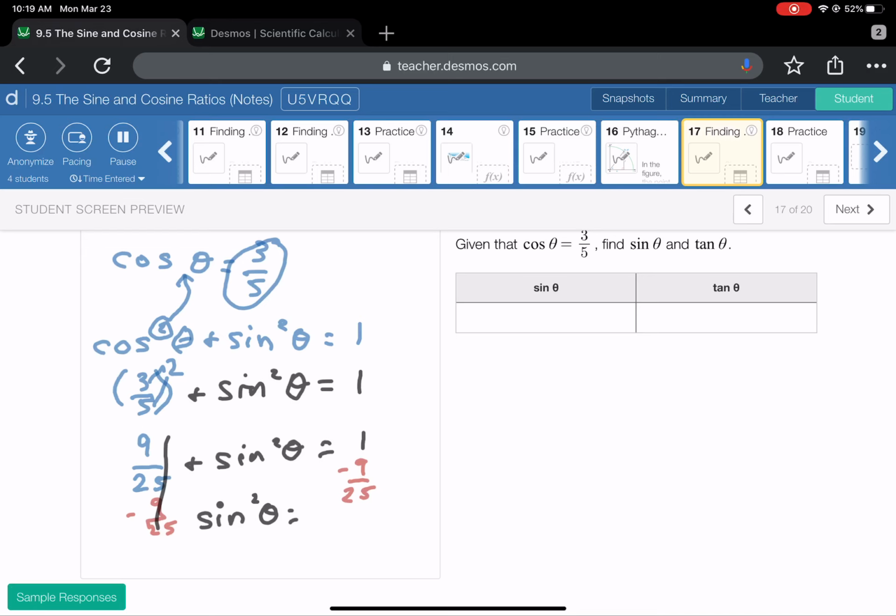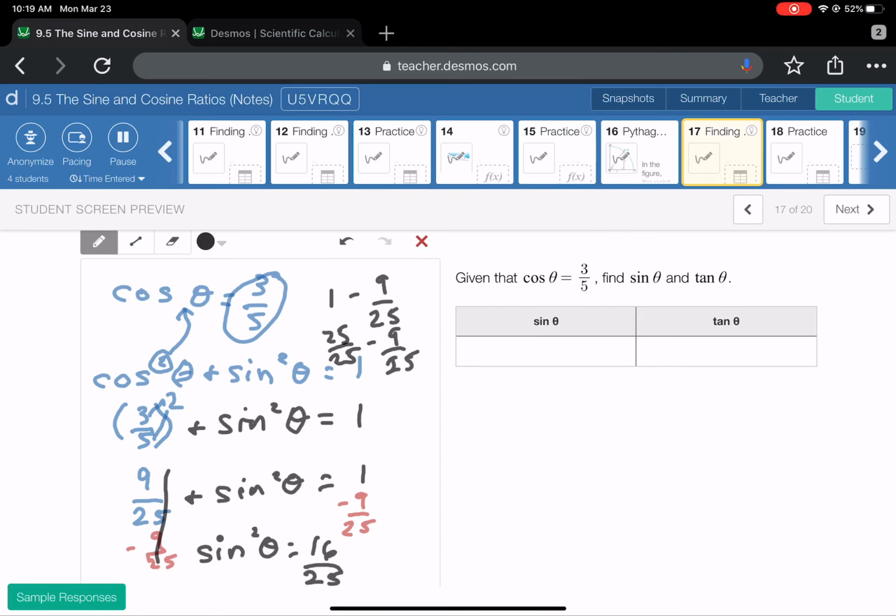I want to leave that as a fraction as long as I can, so I'm going to do the math up here. 1 I can rewrite as 25 over 25 because that's equal to 1. And if I subtract 9 from 25, that's going to give me 16 over 25.